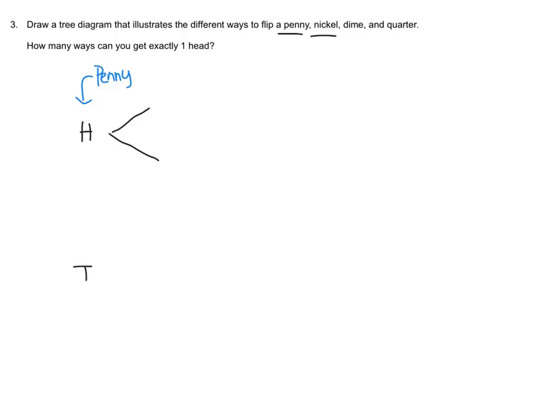I could have a heads on the nickel or a tails. Now, if I flipped that penny and I got a tails and then went on to flip my nickel, I would have two outcomes when flipping my nickel again. I could have a head or a tails. So this second column of outcomes represents me flipping the nickel.